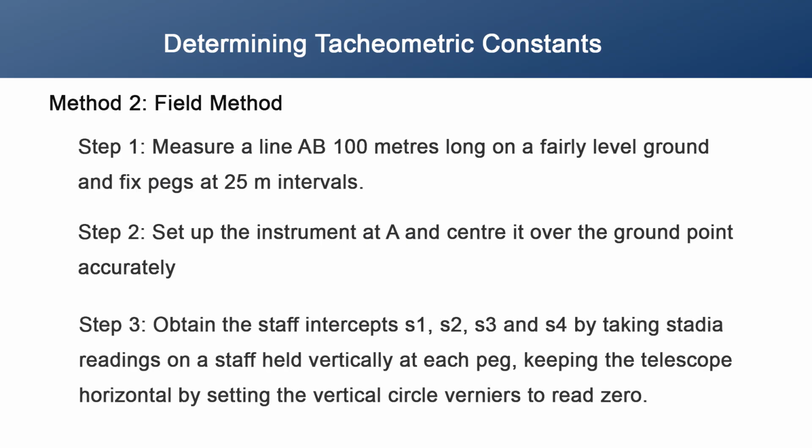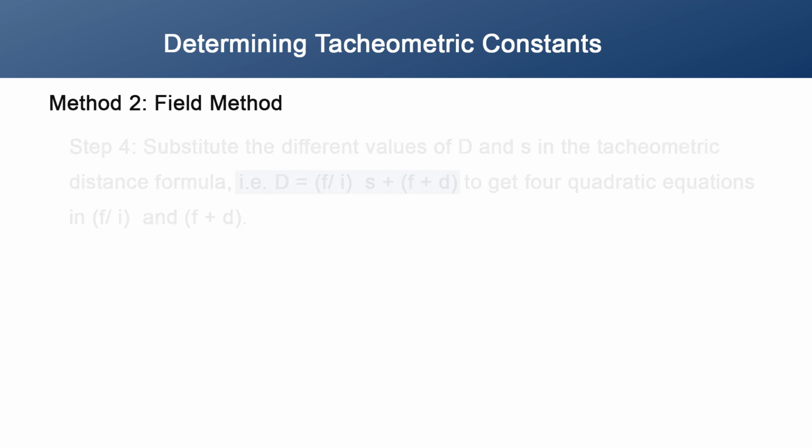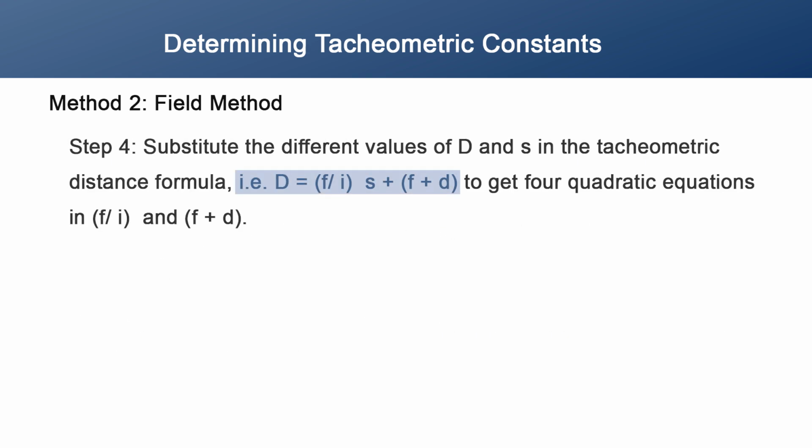With the telescope horizontal, take readings on the staff held vertically at each marker and note the staff intercept at these points. Substitute these measured distances and staff intercepts into the tachymetric distance formula, D is equal to f by i into s plus f plus d.